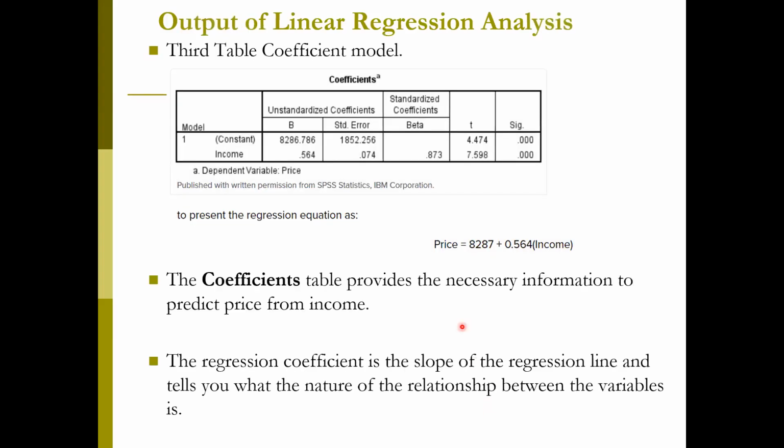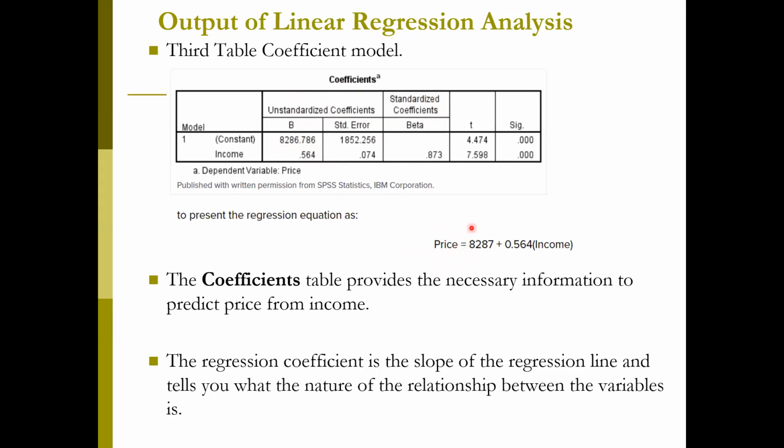Then, what we are interested in is the coefficients table. Remember, we have the unstandardized, that is when the data is kept in its natural form, and we have the standardized when the data is standardized. Now, from this, we can write a regression equation. Remember, to start any regression equation, you must first bring your dependent variable.